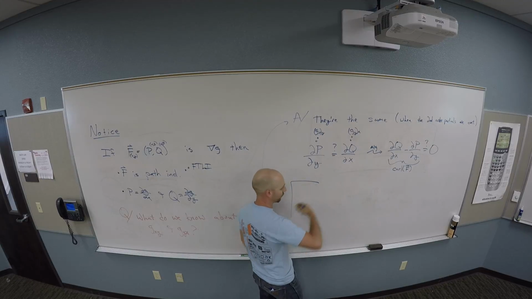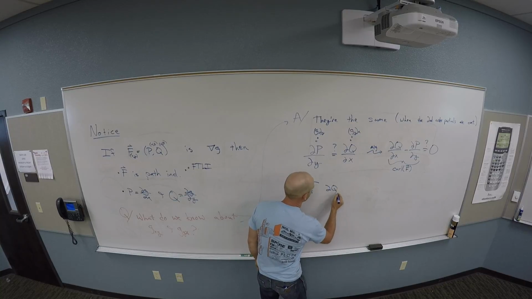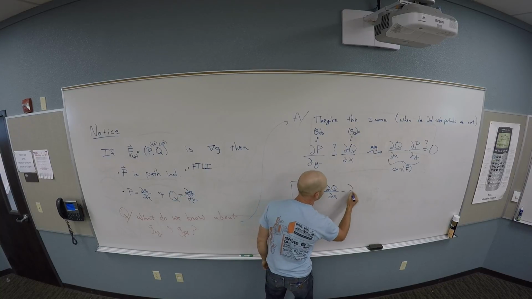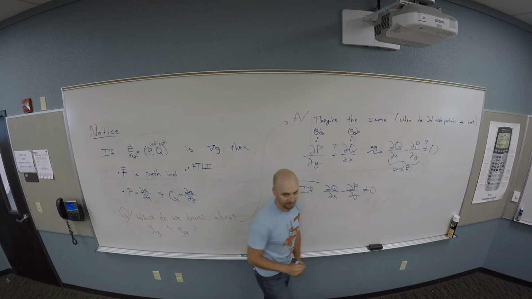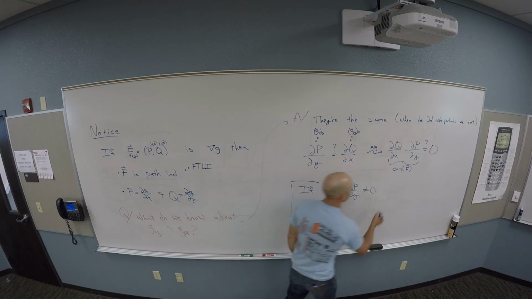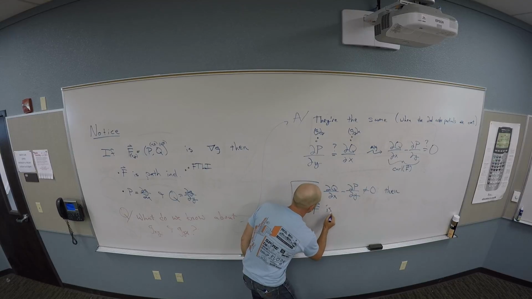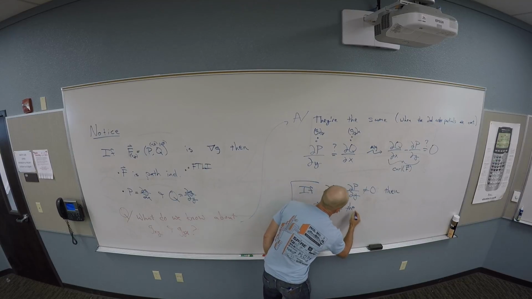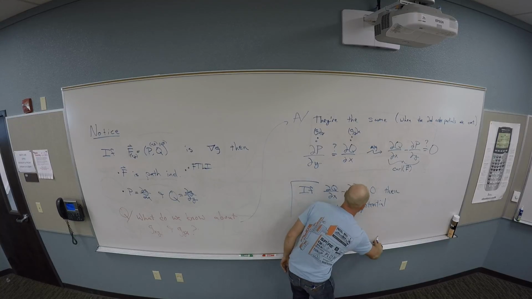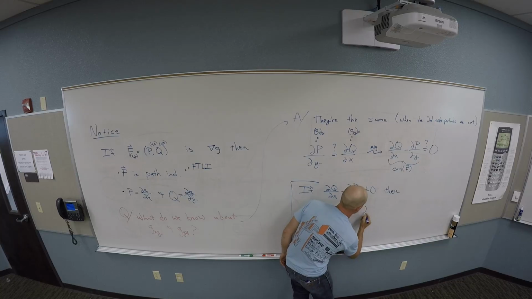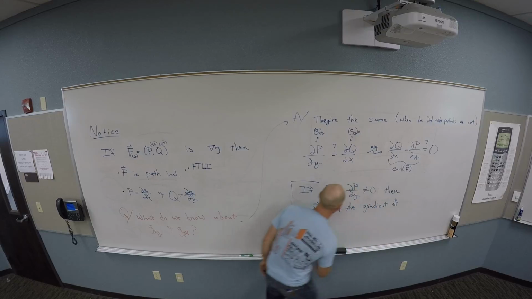So the summary of this is: if the partial of Q with respect to x minus the partial of P with respect to y isn't 0, then F isn't the gradient of a function.